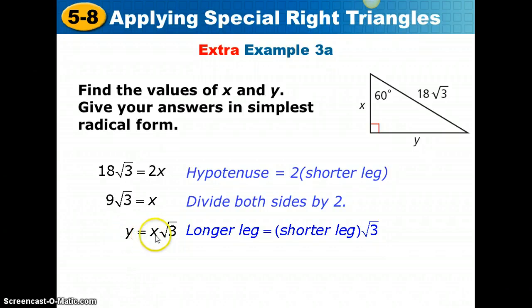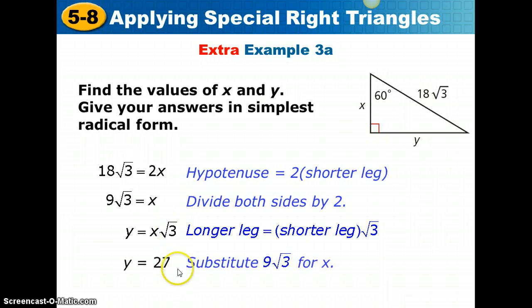So y equals x times root 3. So we're going to plug in 9 root 3 for x. That will mean that we multiply 9 square root of 3 times the square root of 3. But you'll remember, root 3 times root 3 is 3. And then we take that combined value of 3 times 9, and we get 27.